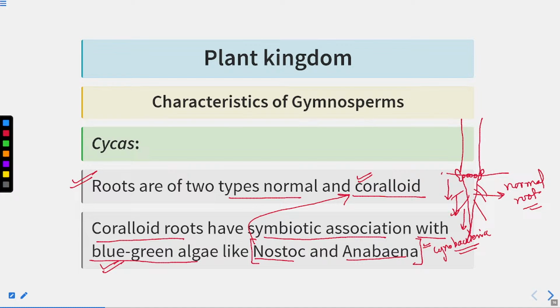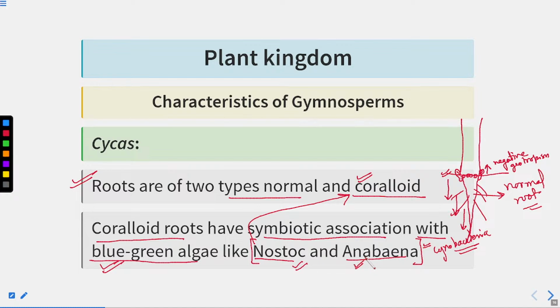But if you talk about this coralloid root, this is showing the negative geotropism phenomenon. This is very, very important. Negative geotropism means it grows upward, and they have lots and lots of cyanobacteria, for example Nostoc and Anabaena.